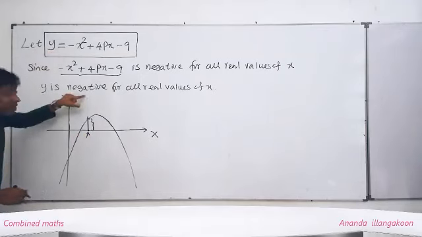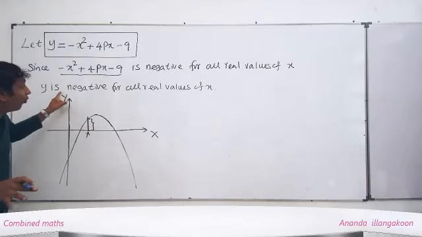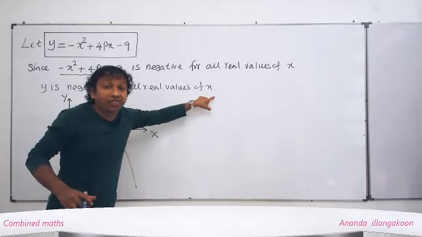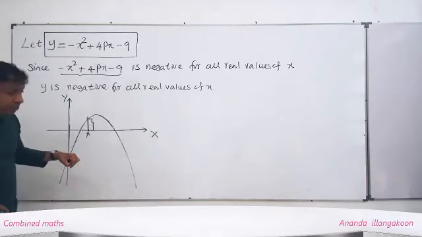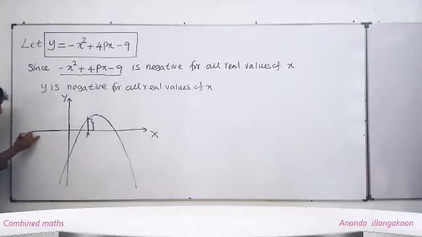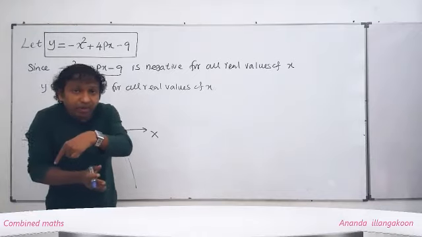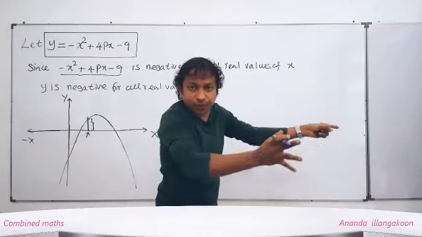People, y is negative means what? This height should be negative. For what condition? For all real values of x. What do you mean by that, people? That means, when you walk along the x-axis from this end up to the right end, in other words, from negative infinity up to positive infinity, we walk along the x-axis.